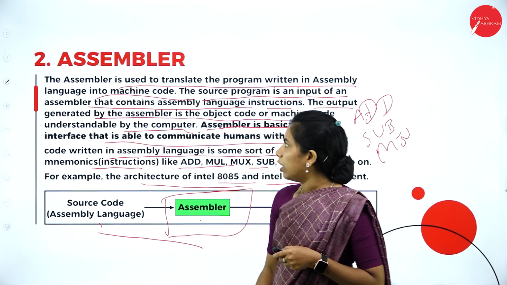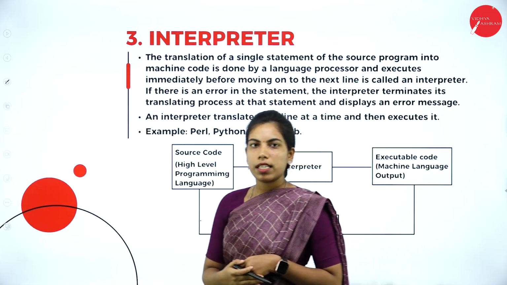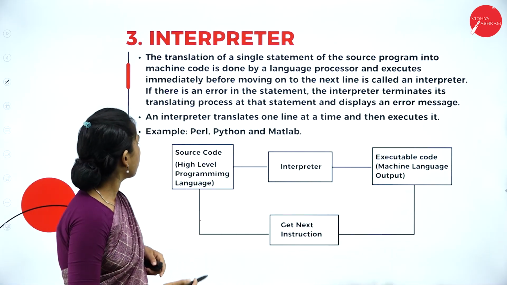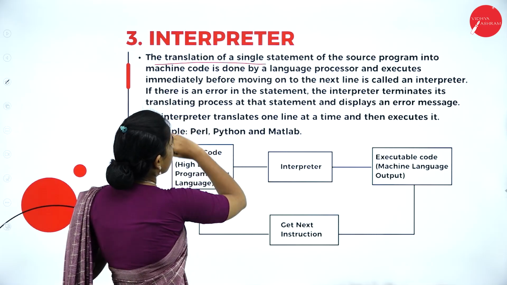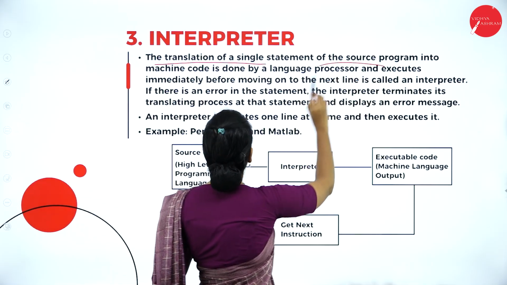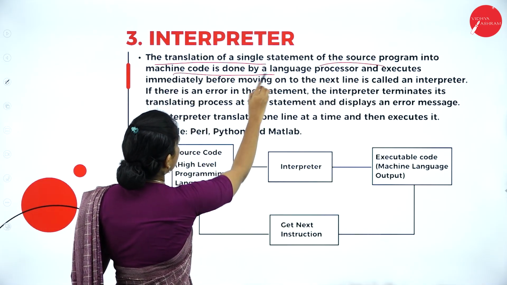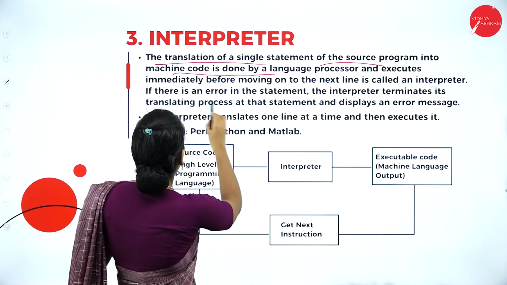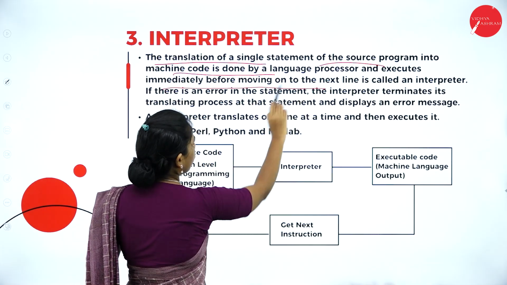So let's see the last one, the interpreter. An interpreter translates a single statement of the source program into machine code, done by a language processor, and executes it immediately before moving to the next line.